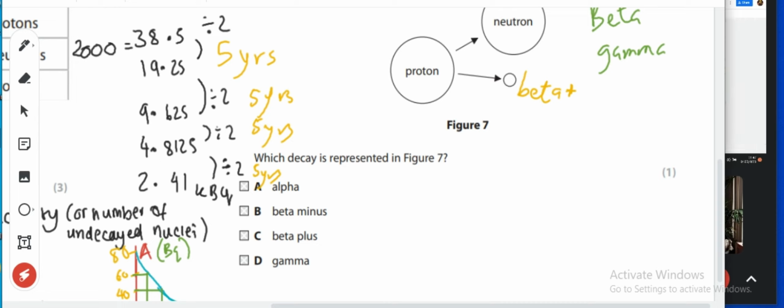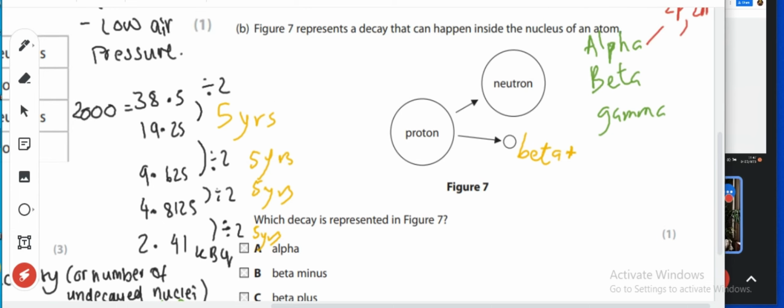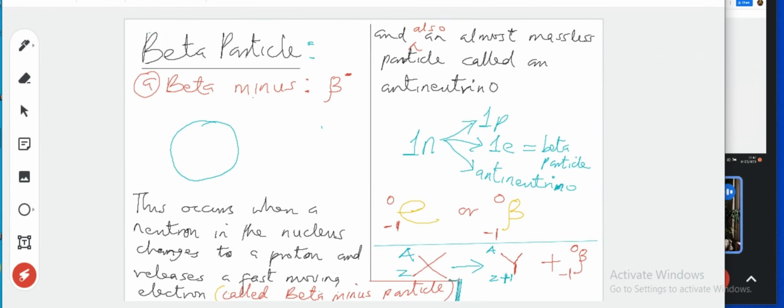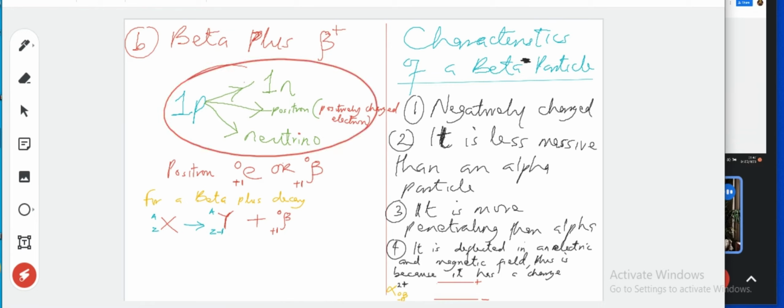So when it's beta plus, a proton changes to a neutron. That's what I drew your attention to on page 11. A proton changes to a neutron, then a positron comes out, which is a positively charged electron, and then a neutrino.